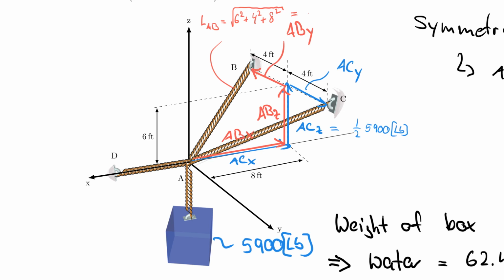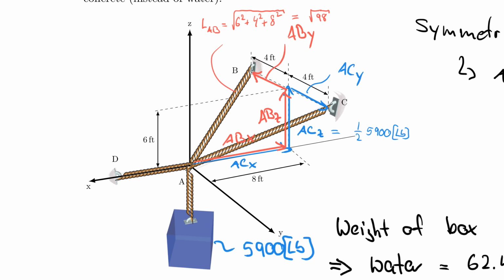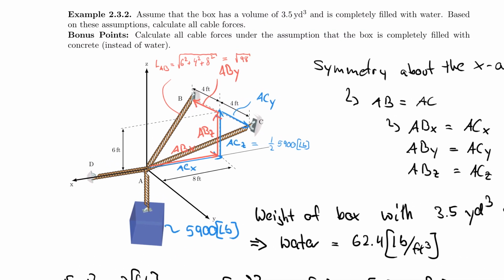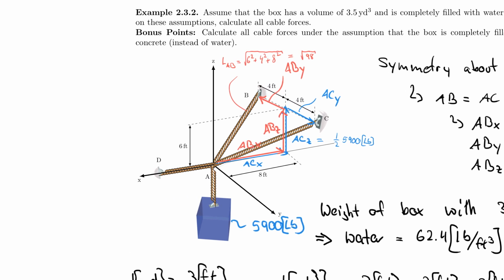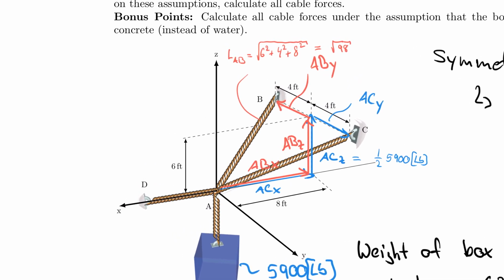So that is the square root of 98, if I'm not mistaken. So I can use that now to calculate all my components. For example, if I want to calculate the force AB, let's do that up here because it's more visual. So the force FAB, or maybe I should use AC actually in this case.